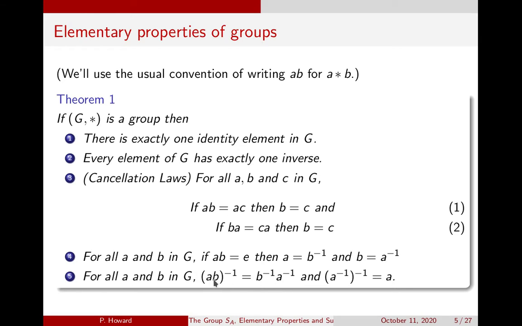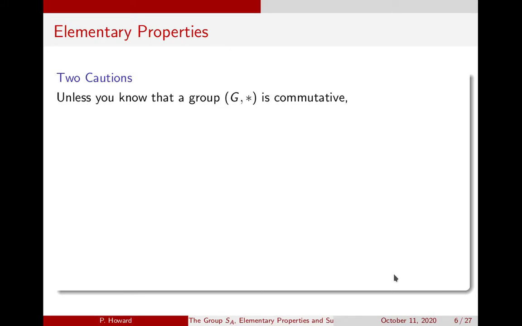So the inverse of a product is the product of the inverses, but in the reverse order. And then finally, the inverse of A inverse is A. So we can take all these things as known.